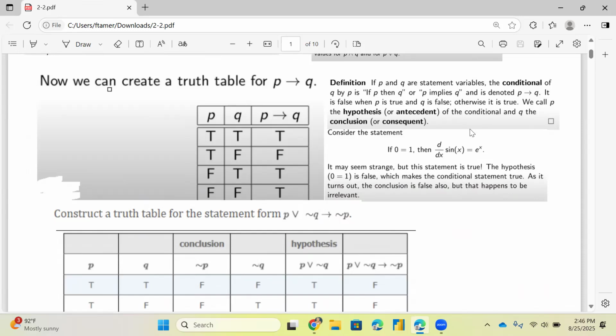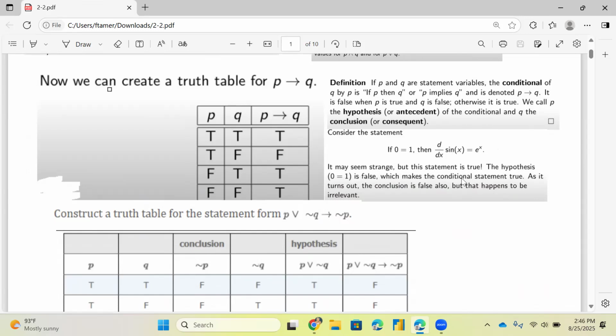So let's look at this mathematical explanation here. The statement is, if 0 is equal to 1, then the derivative of sine of x is equal to e to the power of x. So this is a statement. We don't know whether this is true or false yet, but this is an if P then Q situation. But let's think.